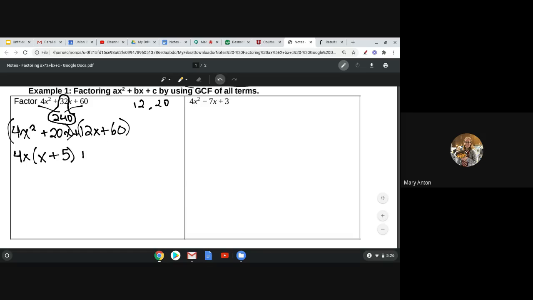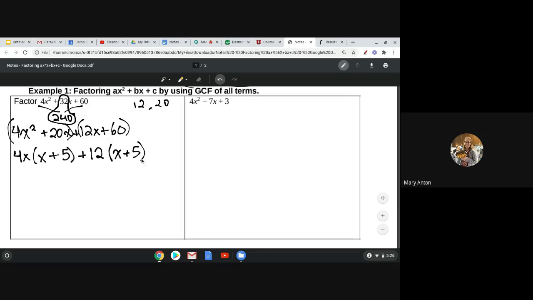All right, plus, what is the greatest common factor between 12 and 60? This is actually just 12. So we can factor out a 12, and then we're just left with an x plus 5.